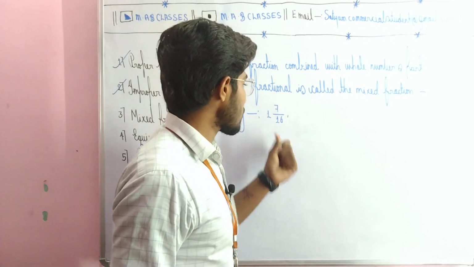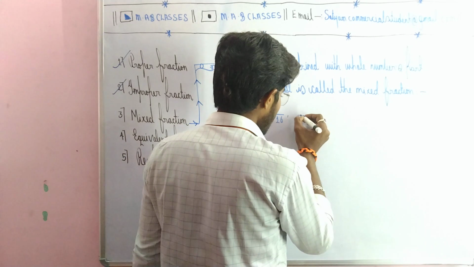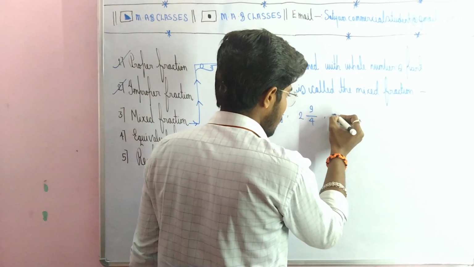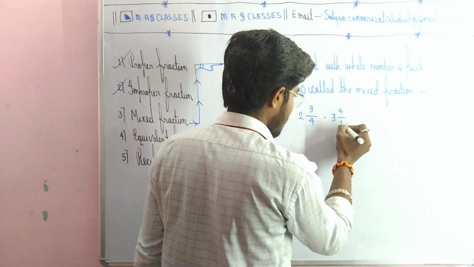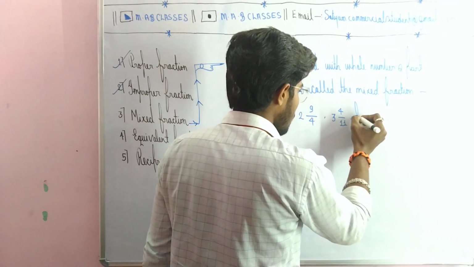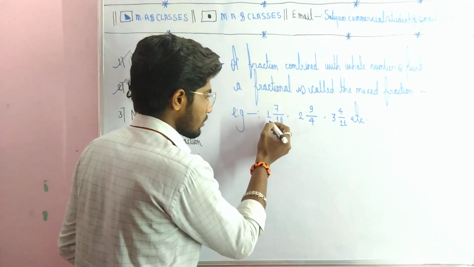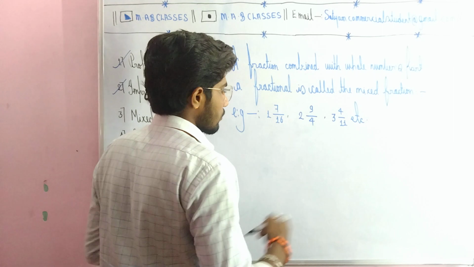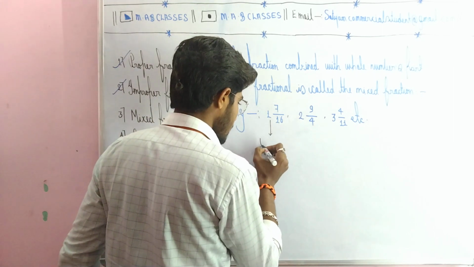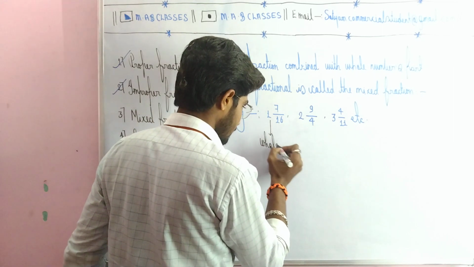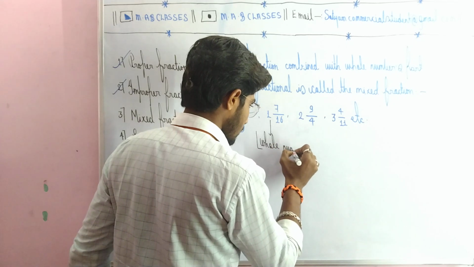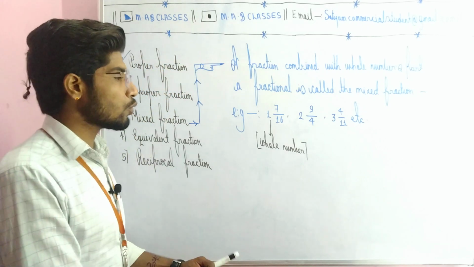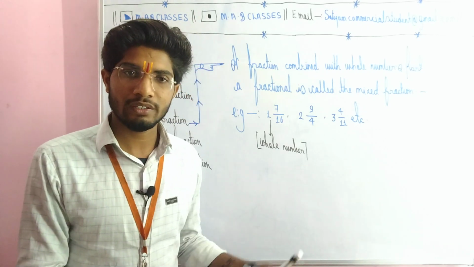For example, 1 whole 7 upon 16, or 2 whole 9 upon 4, and 3 whole 4 upon 11, etc. Looking at your screen, this one is called the whole number. Yes or no? Understood? Whenever we include a whole number with the numerator and denominator, it is known as the mixed fraction.